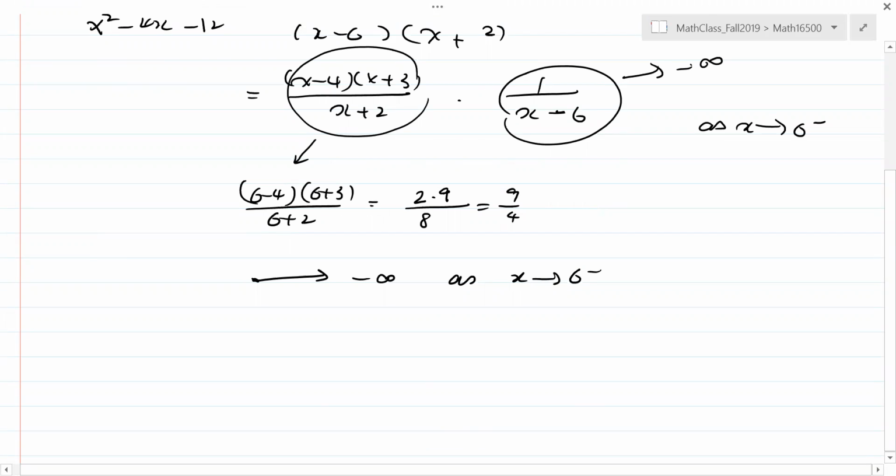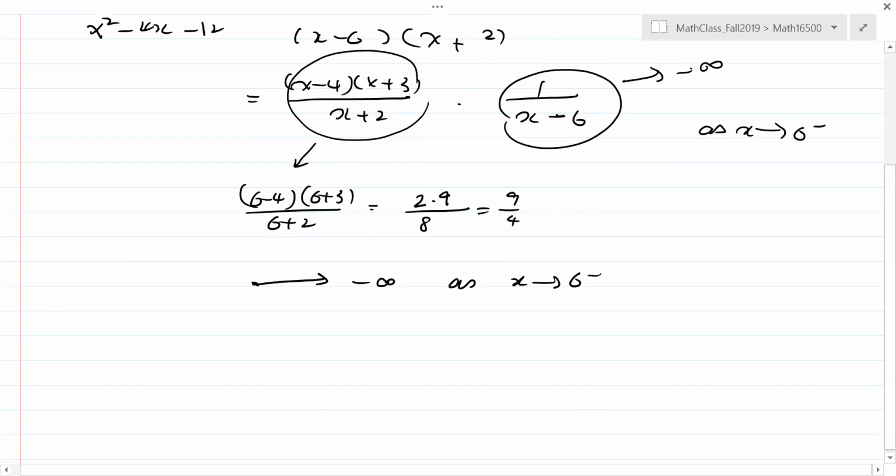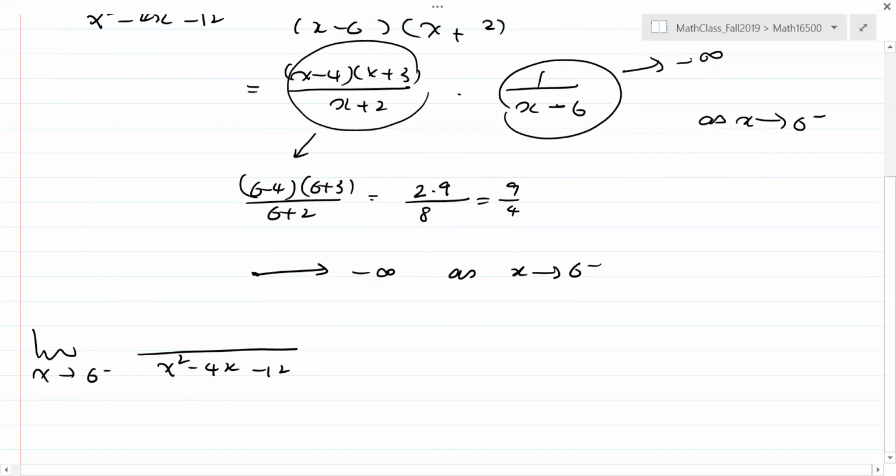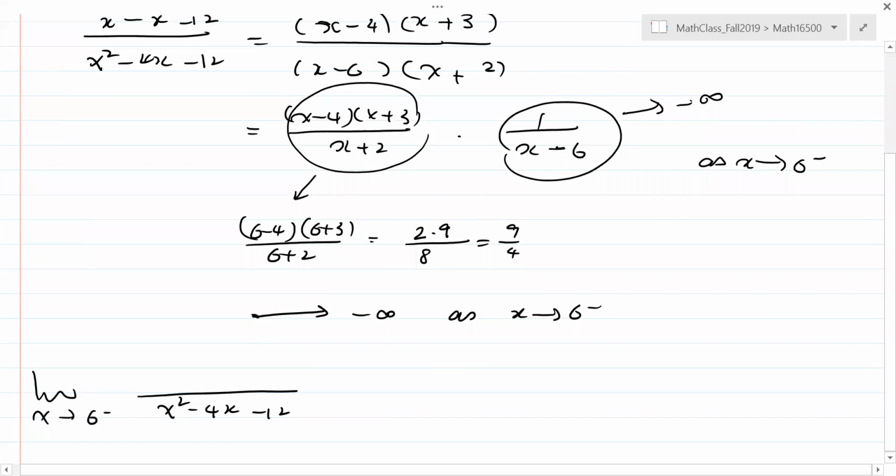Now there's a possibility you can factor this. Then you don't get an infinite limit. For example, if you want to find out the limit as x approaches 6, look at this problem: x squared minus 4x minus 12. Let me put here x squared minus 5x minus 6.